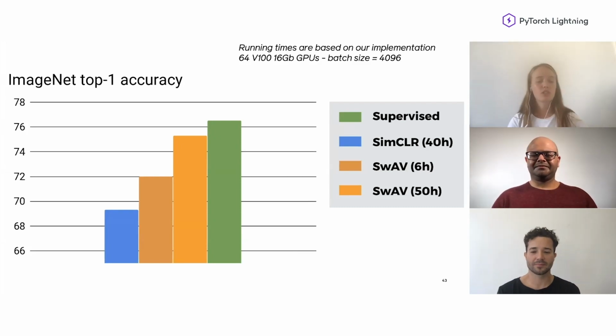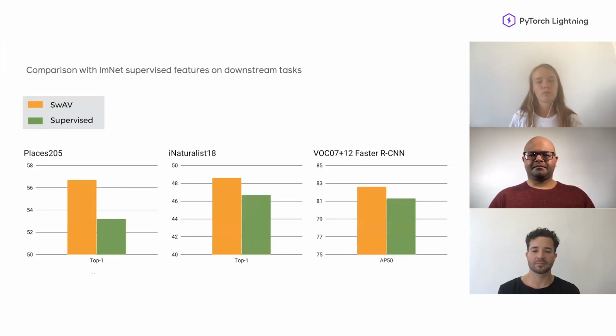So this was for the evaluation on ImageNet. But this benchmark has no real application in practice, and it's here mainly to compare the different self-supervised methods. What is more important, in my opinion, is to evaluate the ability of the unsupervised features to transfer to downstream tasks, which is much more useful in practice.